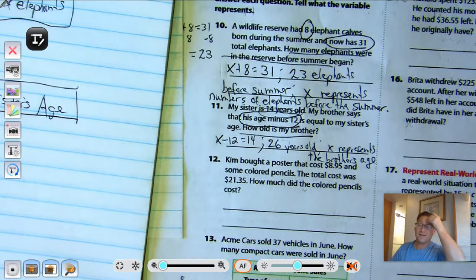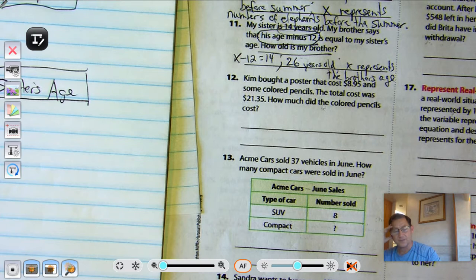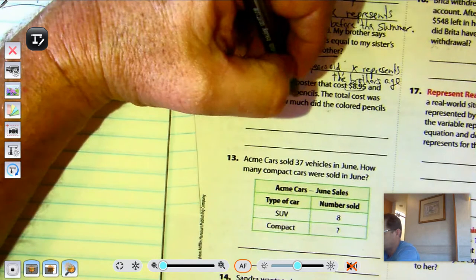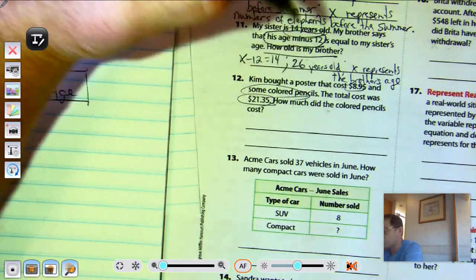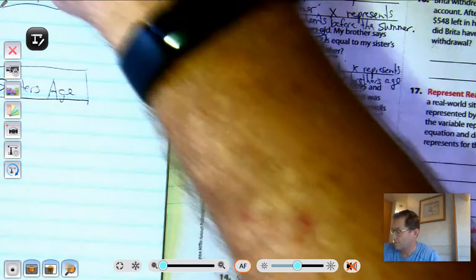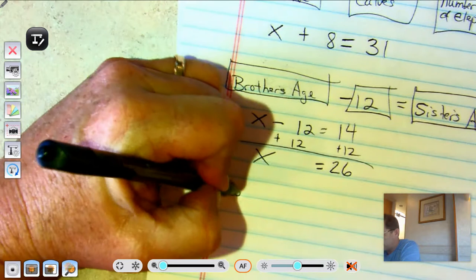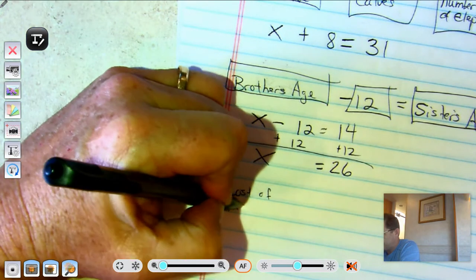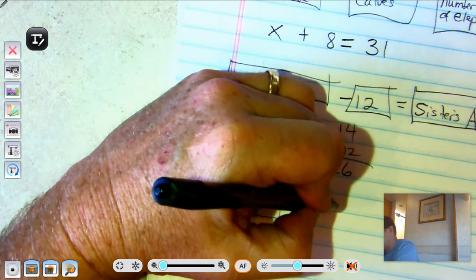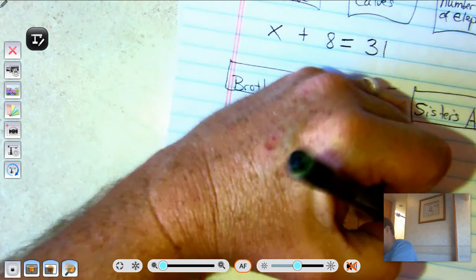All right, number 12. Kim bought a poster that cost $8.95 and some colored pencils. The total cost was $21.35. How much did the color pencils cost? Okay, so we know that the cost of the poster plus the color pencils equals the total cost.